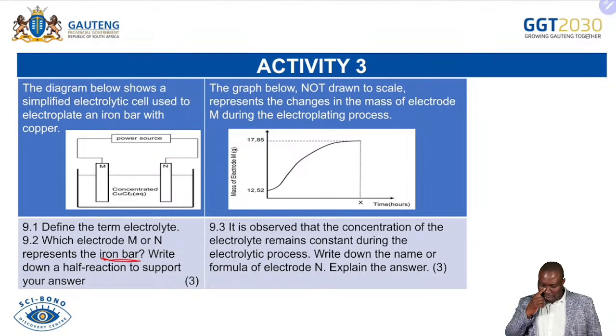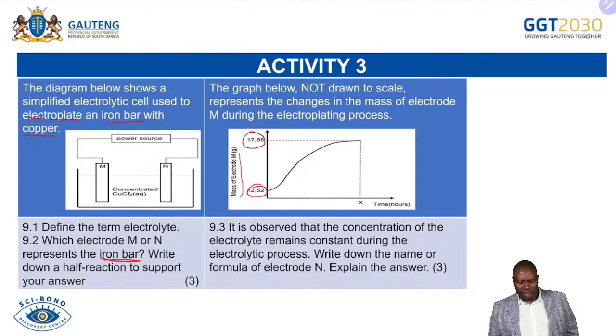So this is electroplating. We're having to electroplate the iron bar with copper. And when you look at the graph, the mass of electrode M has increased from 12,52 to 17,85. So definitely you can see that M is increasing in mass, which shows that it is at the cathode.